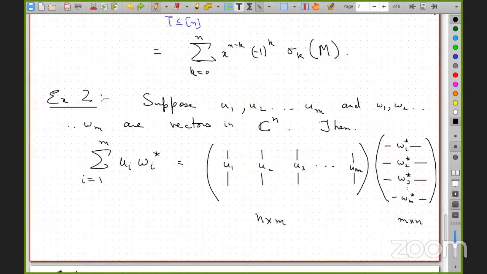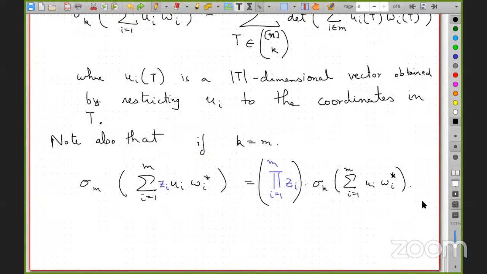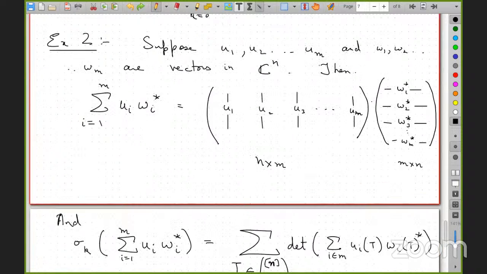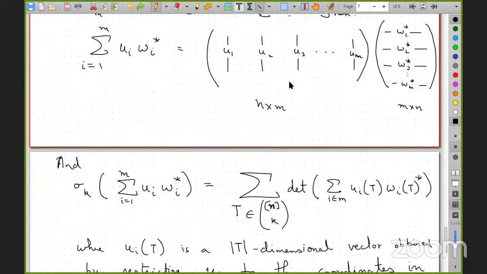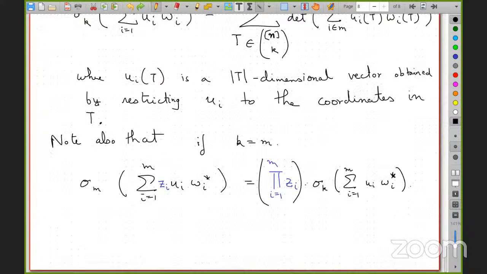Now, if n and m are equal, that's what this k equal to m setting would imply. So if everything is equal, these are both square matrices. What is happening really is that I'm putting a diagonal matrix here, n cross n, with the z_i's on the diagonal. The determinant of this whole thing is just the z_i times the determinant, since the determinant is multiplicative. The determinant of the diagonal matrix will just factor out, so you will get the usual thing times the z_i. So in the special case, you have this.